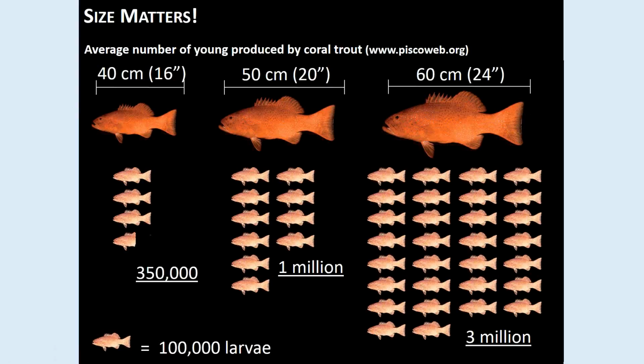That might seem a lot, but by the time that same fish is 60 centimetres long, it's providing 3 million larvae every time it spawns. So if you want your no-take area to protect adults so they can provide larvae to support the fishery outside, what do you want? You want an area that's big enough to have these big fat mamas.